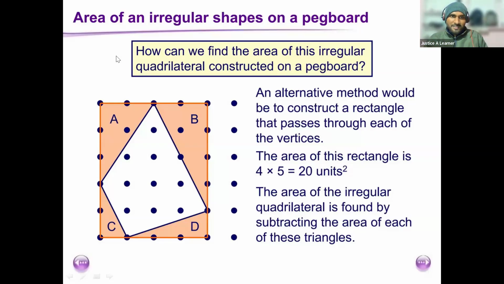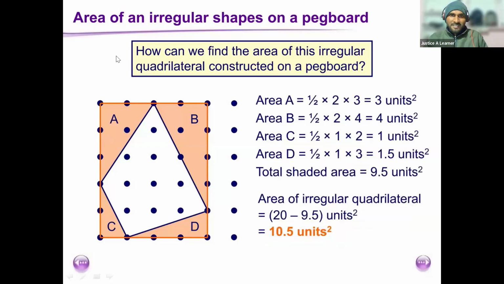You did not understand the point. See here, now you will be able to understand. Area A, area B, area C, area D. Now can you find how area A is calculated?